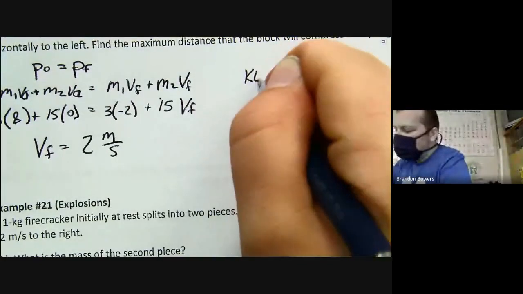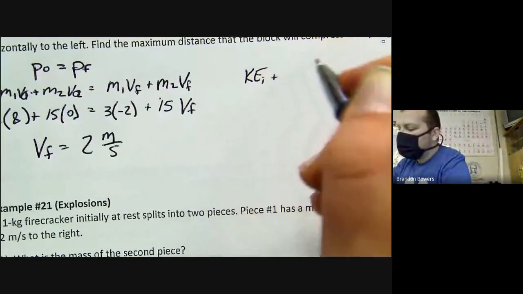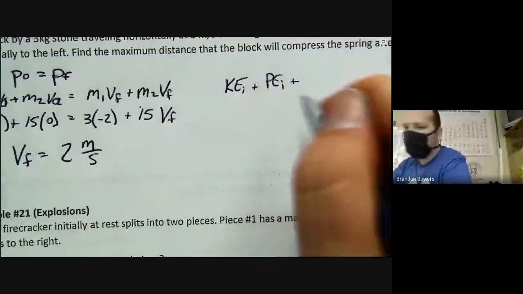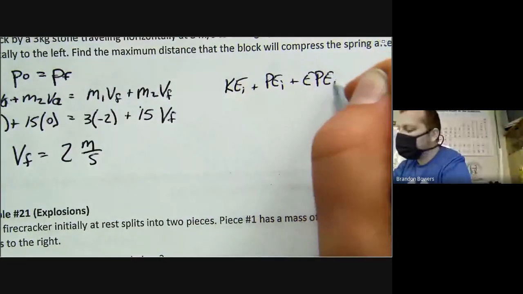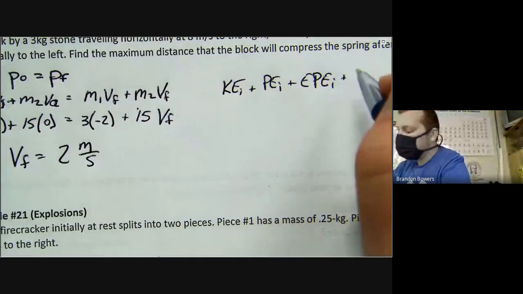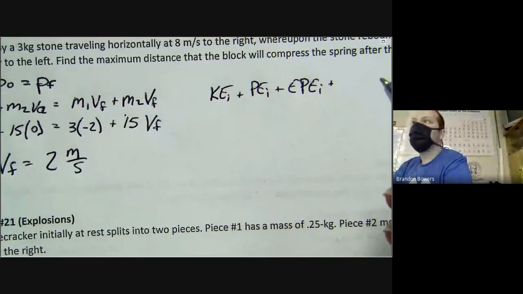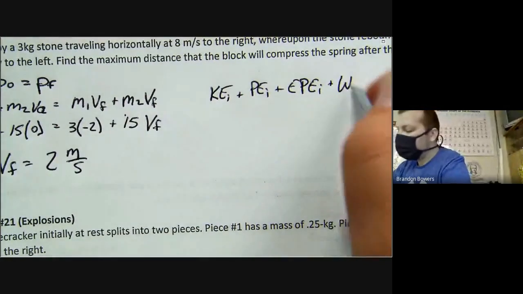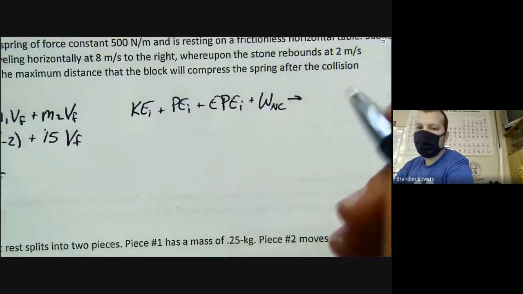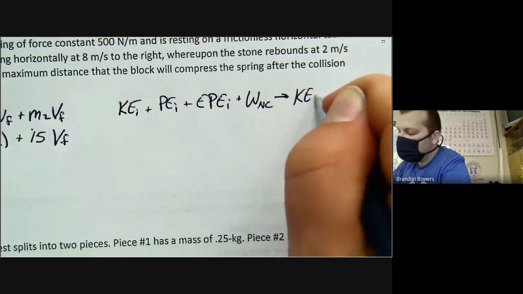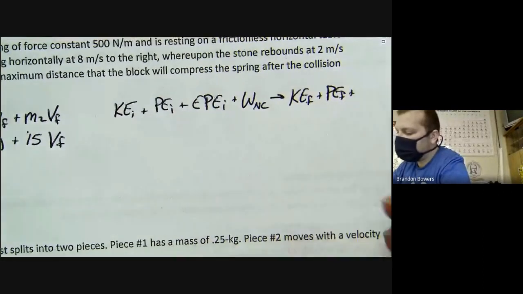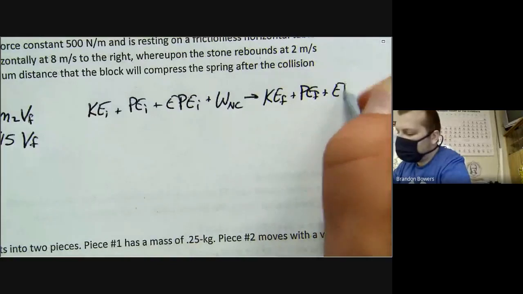Kinetic energy initial plus potential energy initial plus elastic potential energy initial, plus work non-conserved, creates kinetic energy final plus potential energy final plus elastic potential energy final.